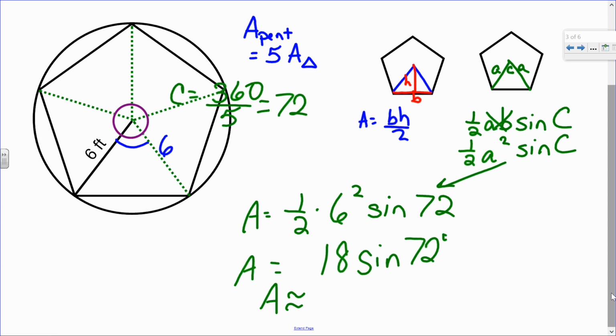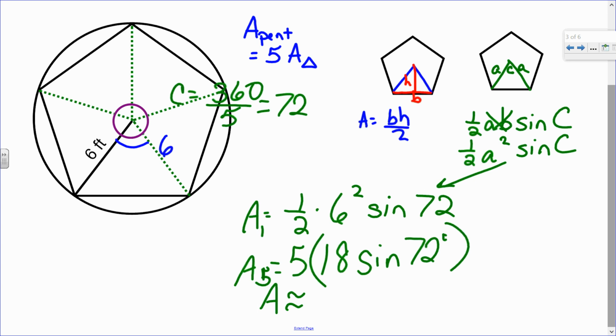Ryan, what'd you get? 17. Is that what others got? Oh, yes, what did I leave out? That's going to be the area of one triangle. So the area of 5 triangles will be 5 times that.